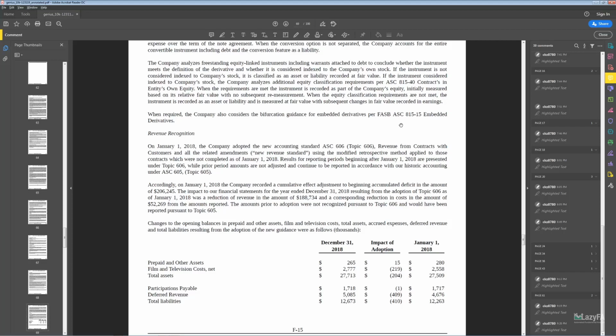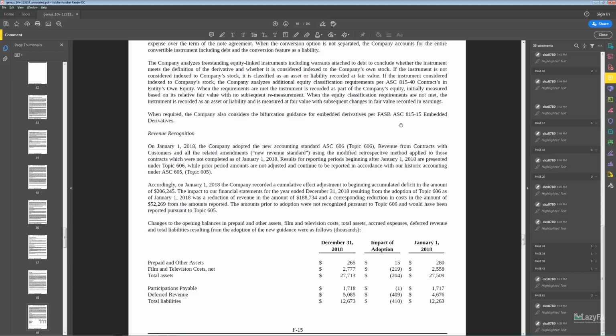anytime there is a change in revenue recognition or expensing policies, that always raises a red flag to me, because a lot of times companies will change their revenue recognition or expensing policies in order to manipulate their earnings. So whenever I see a company that has recently changed their revenue recognition policy, I always want to know why.